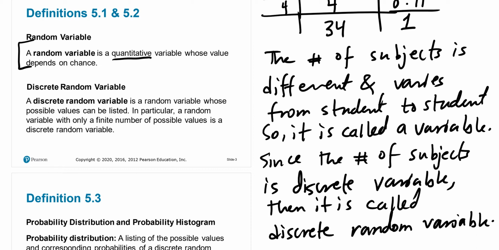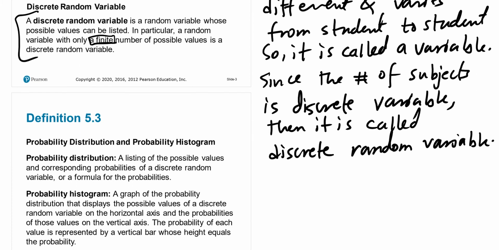So now we come to this one. A discrete random variable is a random variable whose possible values can be listed. So as happened here with the subjects that we selected. In particular, a random variable with only a finite number of possible values is a discrete random variable.